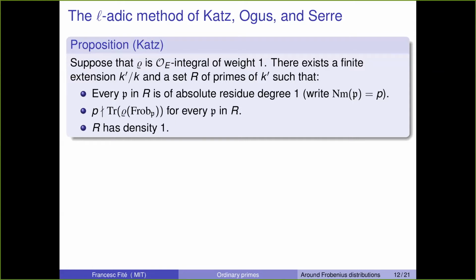First, a finite extension of k and a set of primes of this finite extension that I will call R, which has density 1, which is made only of primes of absolute residue degree 1, and with the important property that for any prime P in this set R, its norm, which is some rational prime p, does not divide the trace of the image of Frobenius by the representation rho.